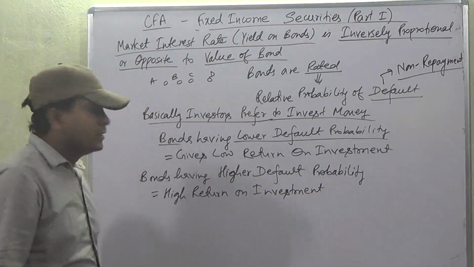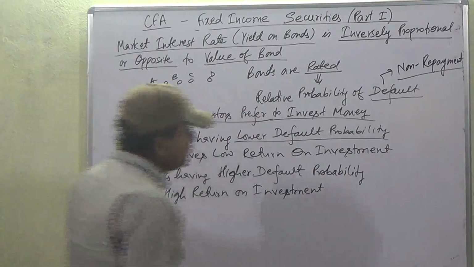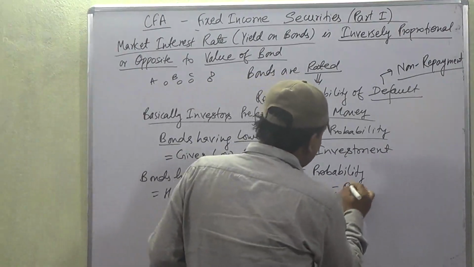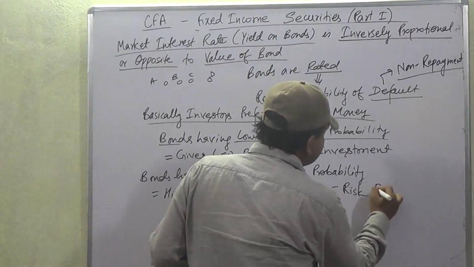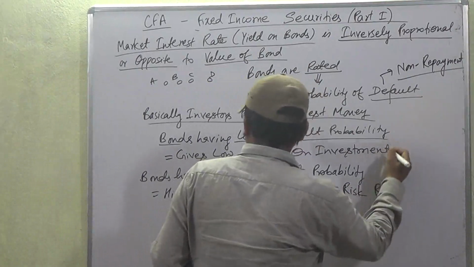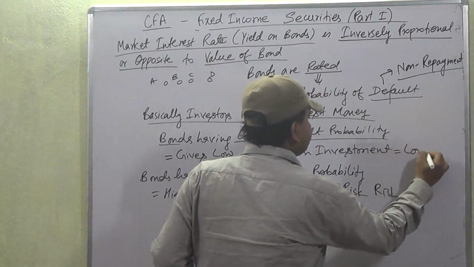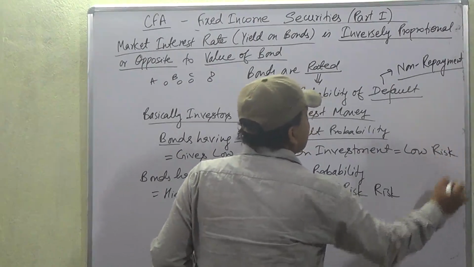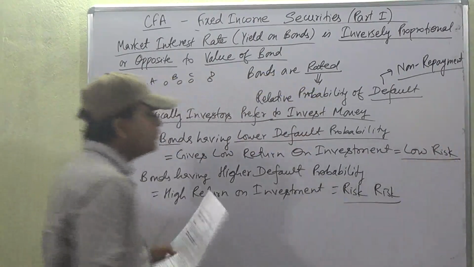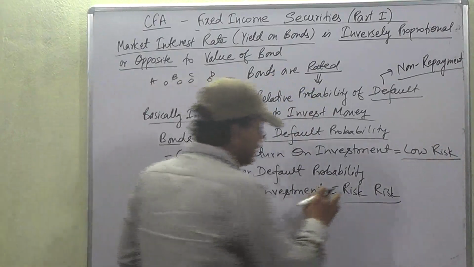Got the point? High return on investment means high risk. Low return means low risk. So these are the certain points; please write them down in your notebook.